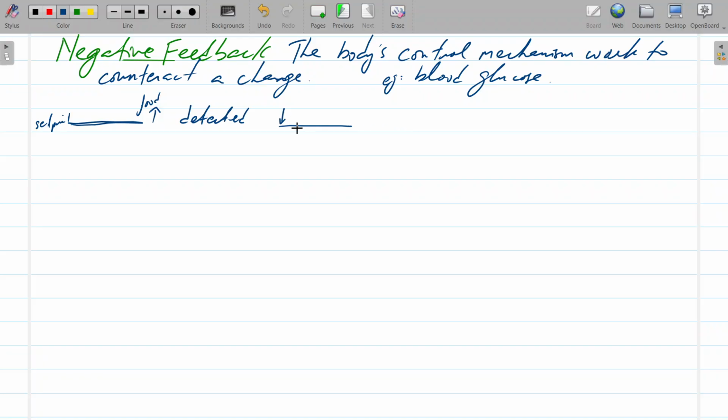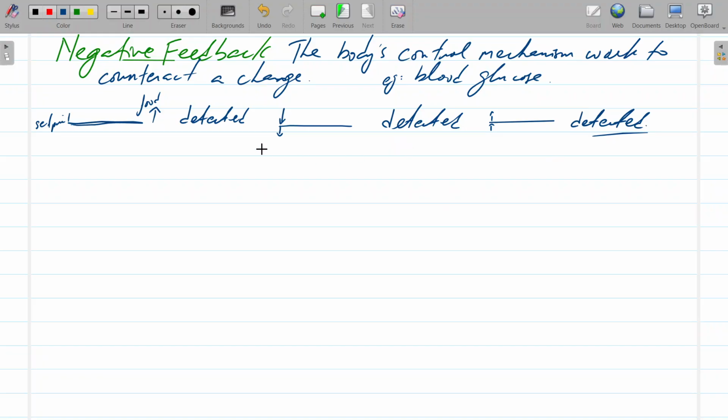So what happens is that it actually falls a bit lower than the set point, and oh, there's another change, right? And that's detected, and then it is made to come back up, and then you can imagine it goes a bit over the set point, and oh, right. So that is why the level is constantly fluctuating.